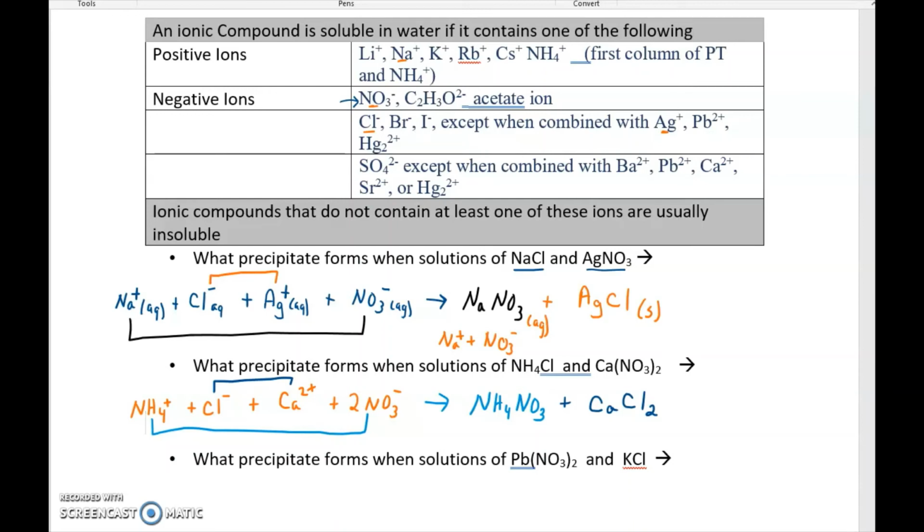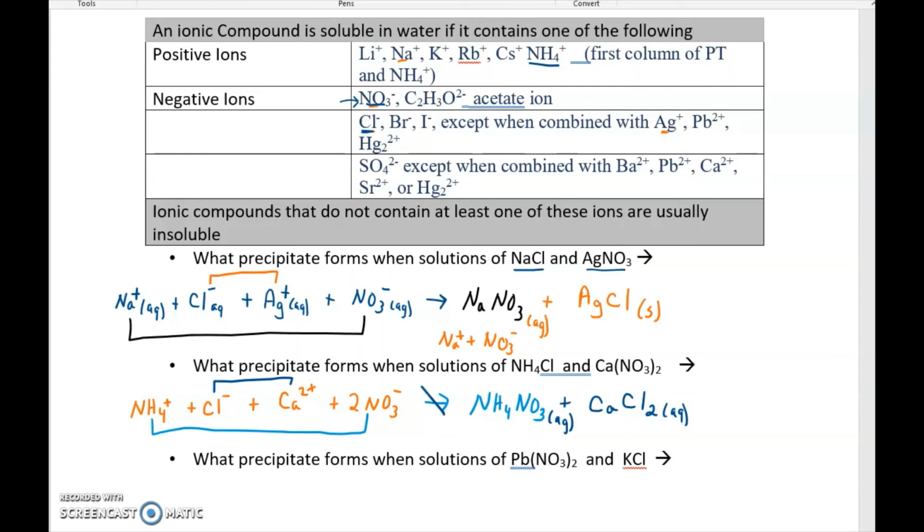Well, ammonium is right up here and nitrate is right up here. So this will definitely be soluble. So we'll put aqueous beside that. Calcium chloride. Calcium is right here and it is soluble except when combined with silver, lead, or mercury. So this is also aqueous. So this reaction will not happen. We'll just end up with these ions.